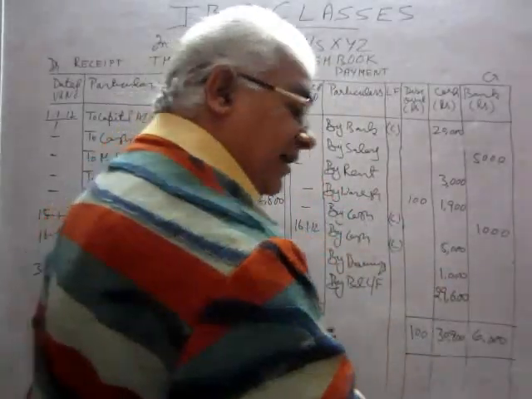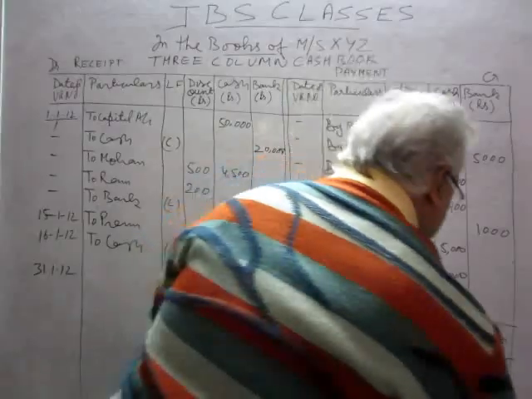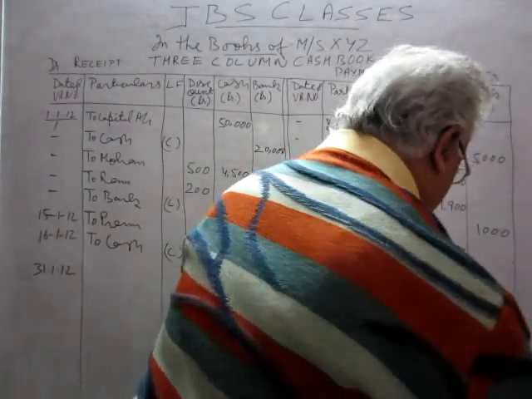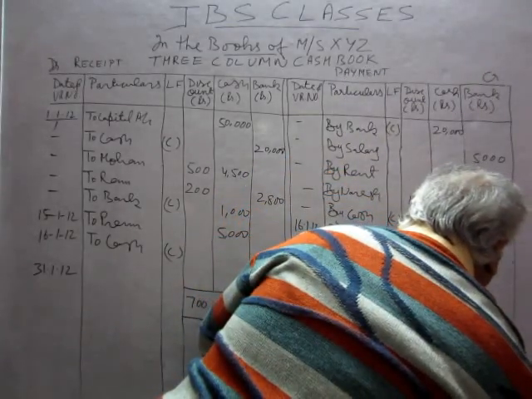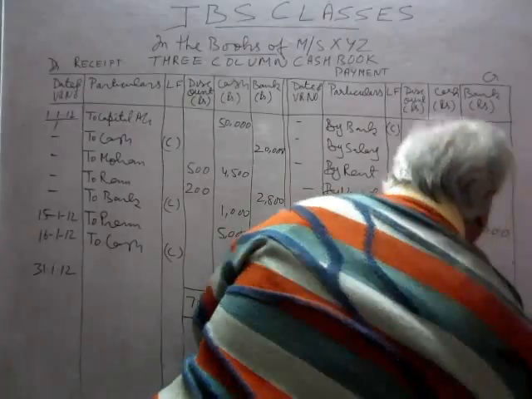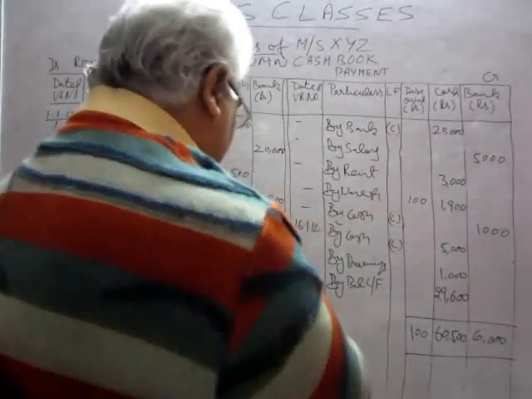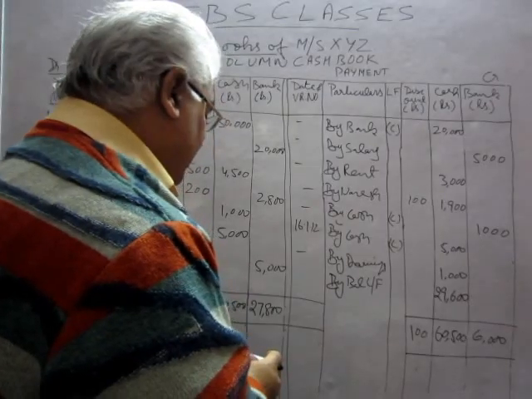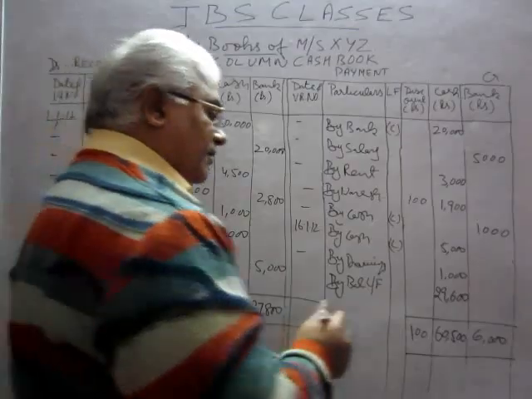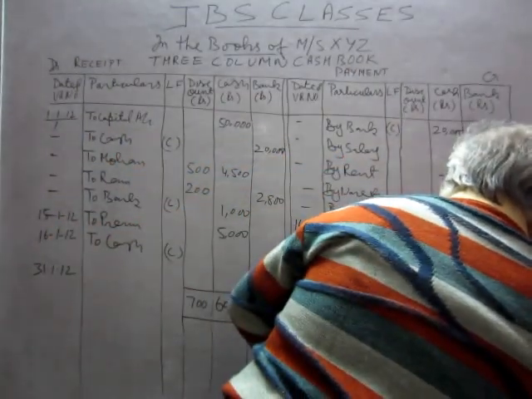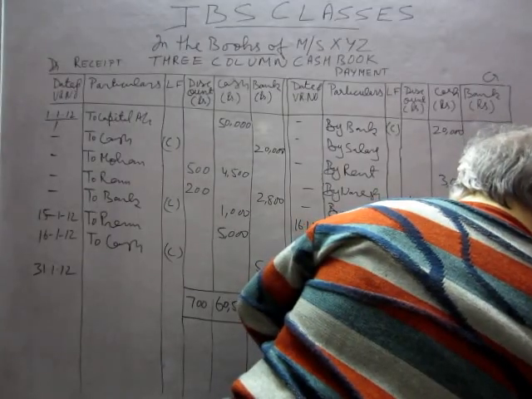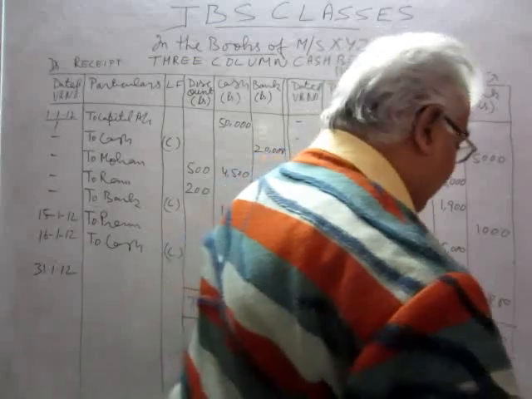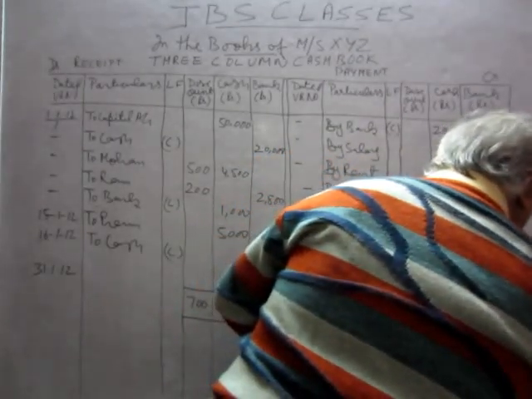Here now we will write 60,500 because both sides' total is shown as equal. Okay. Now out of 27,800, 6,000 is deducted. We have 21,800, 21,800 balance in the bank account. And here we will write 27,800.